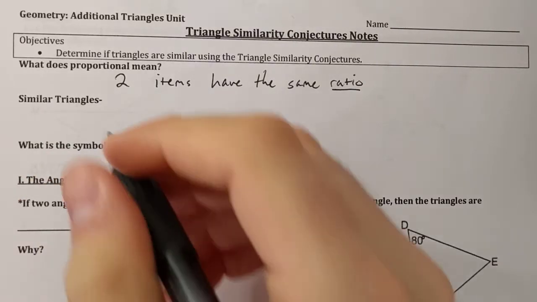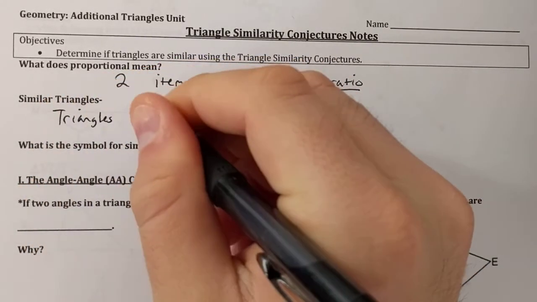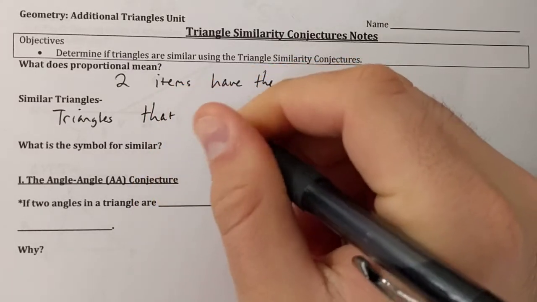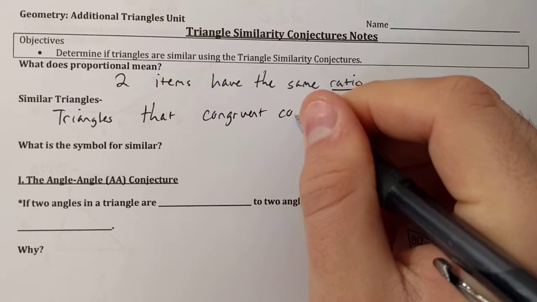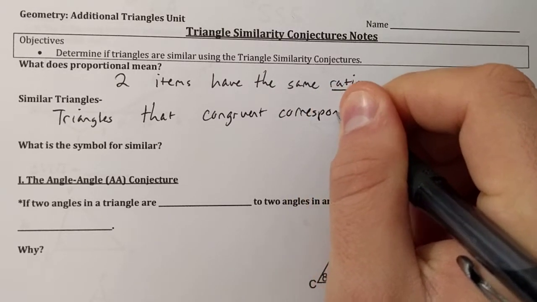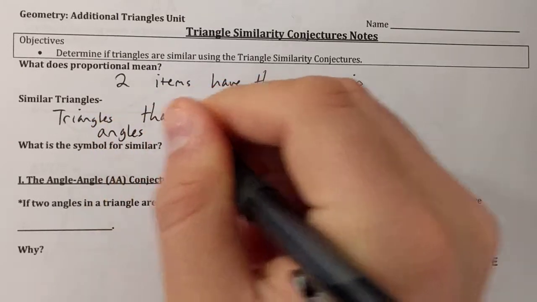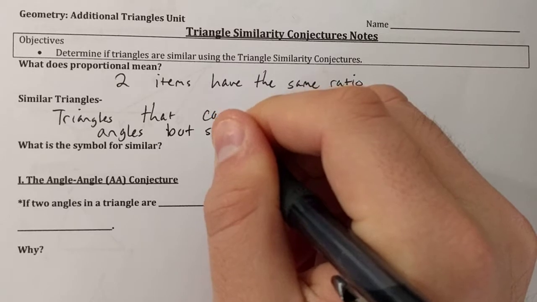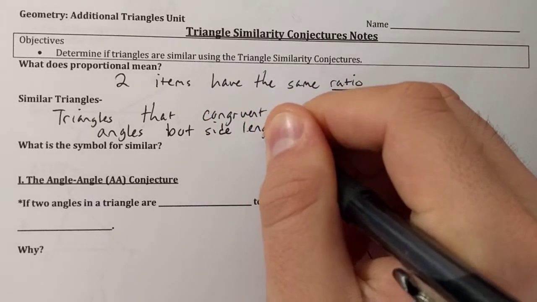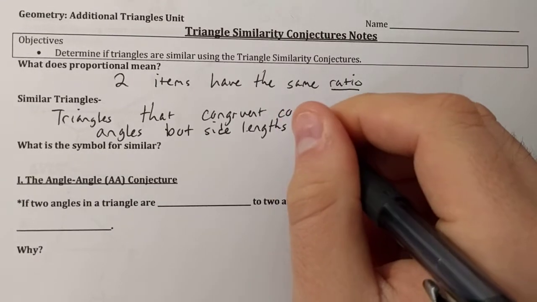Similar triangles are triangles that have congruent angles, or congruent corresponding angles, but sides, or side lengths, are proportional.